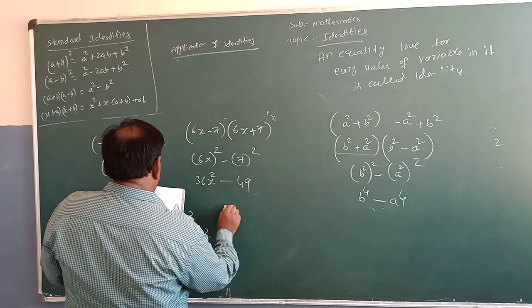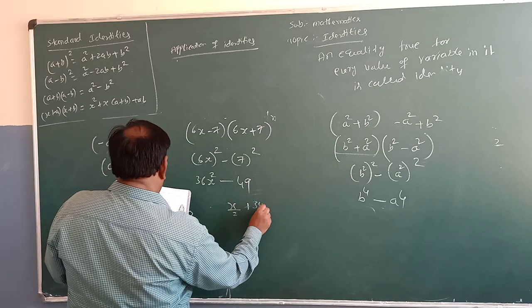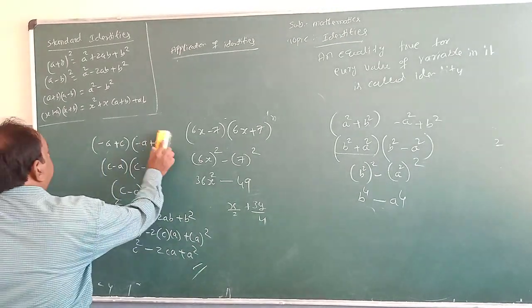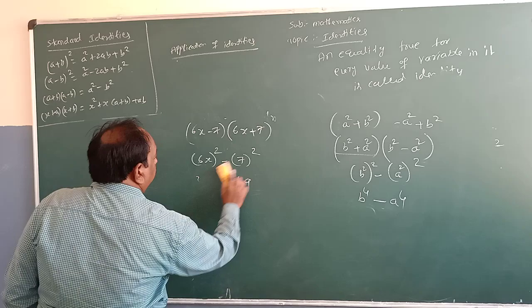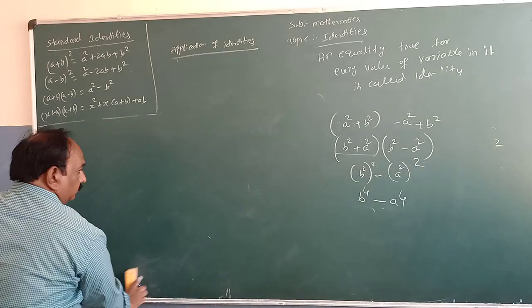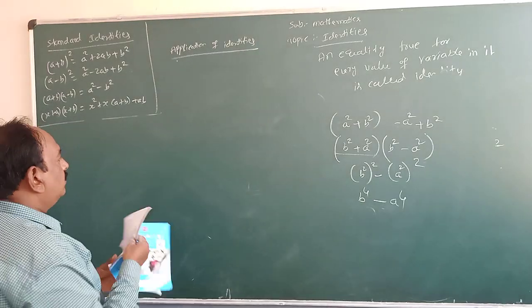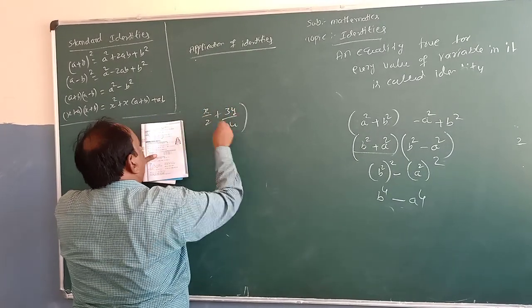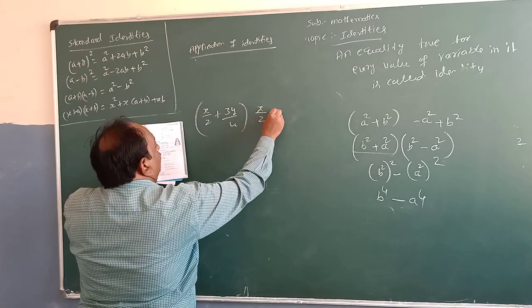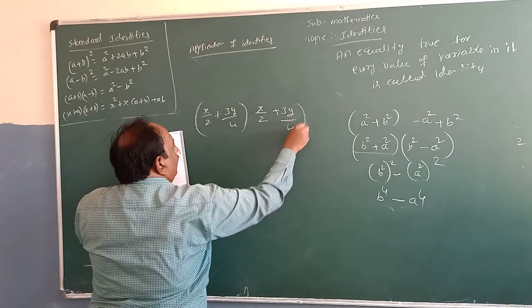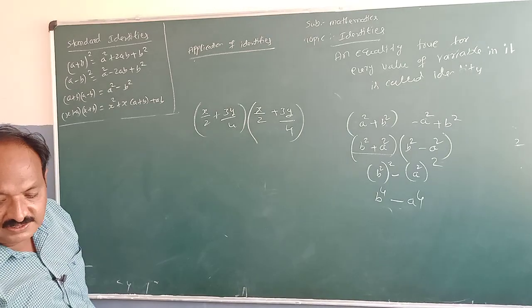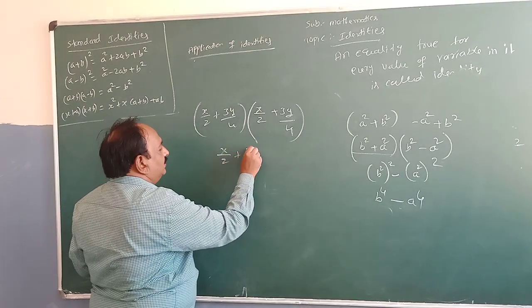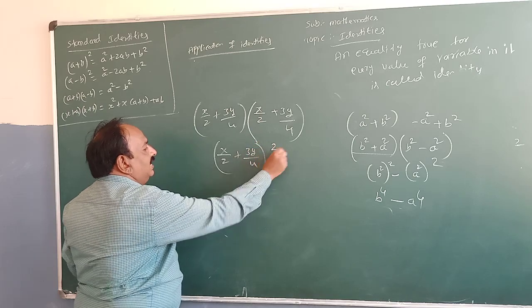Next one, (x/2 + 3y/4)(x/2 + 3y/4). So how do we write this? The same term, both are the same term: (x/2 + 3y/4)².